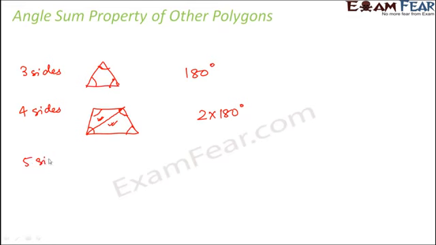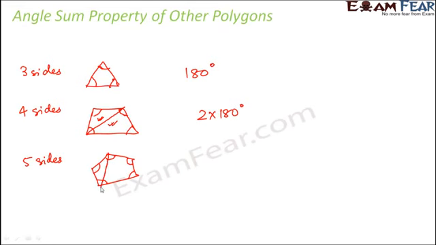Now let us consider a polygon with 5 sides. So this is how it would look. Now here, if we have to find out the sum of these angles, let's see into how many triangles we can divide this polygon. A polygon with 5 sides is nothing but a pentagon.